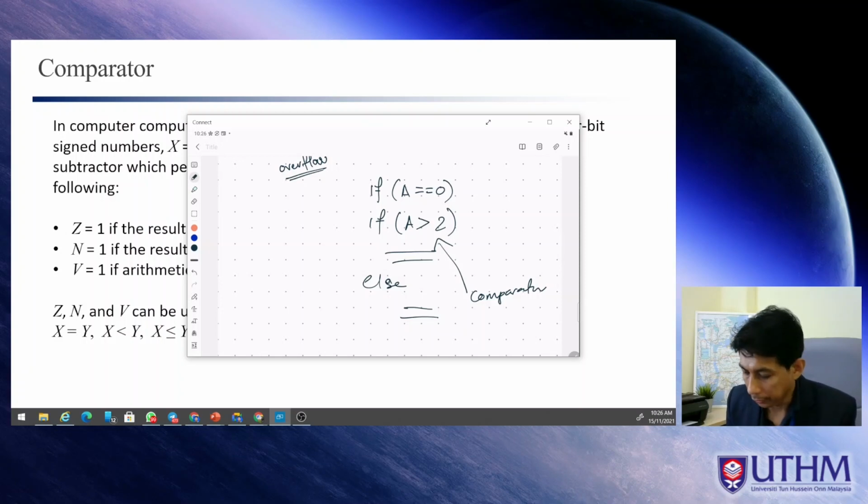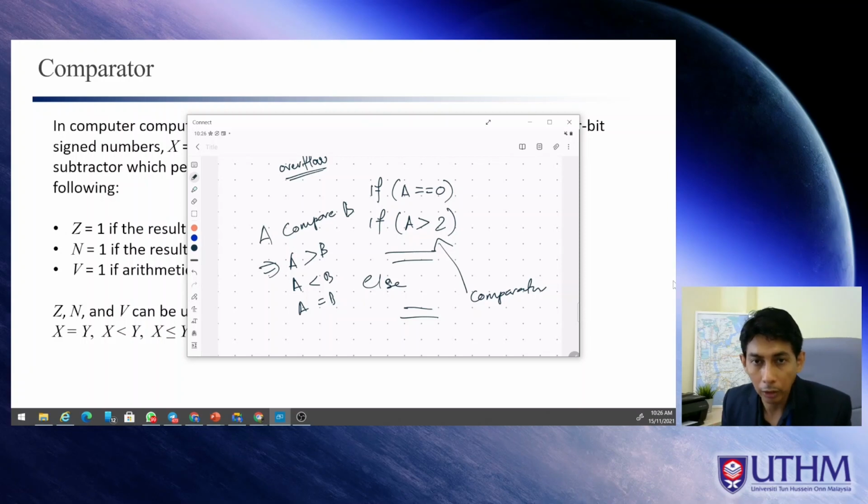So for example, if you have two values a and b, you should be able to compare, and your system gives you whether a greater than b, or a less than b, or a equal to b. So that circuit is called a comparator.